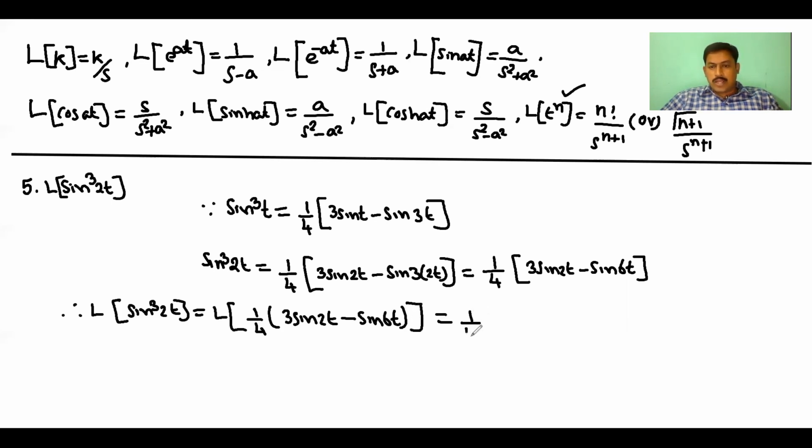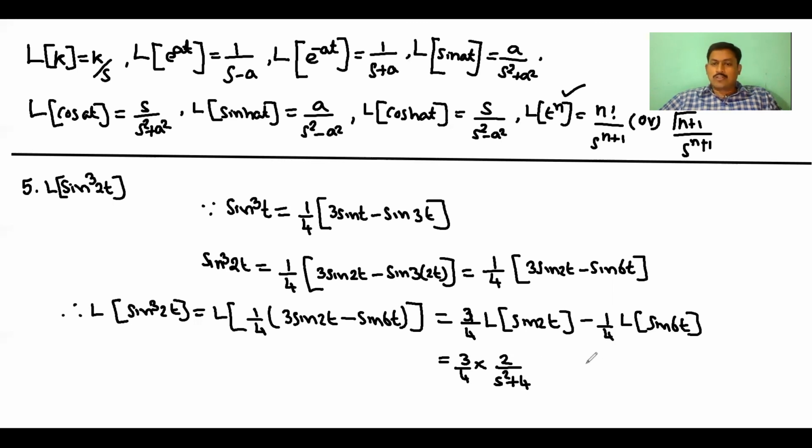Take the constant out and apply the Laplace transformation only for the function. So 3 by 4 L of sin 2t, and then minus 1 by 4 L of sin 6t. Finally we will get 3 by 4, and L of sin at is a divided by s square plus a square. The a value is 2 here, so 2 divided by s square plus 4, minus 1 by 4 into 6 divided by s square plus 6 square, which is 36.